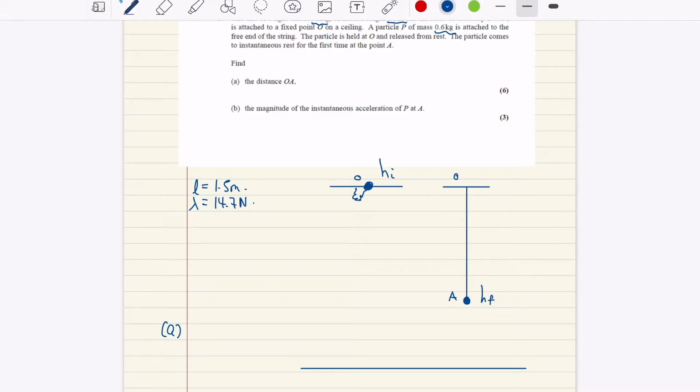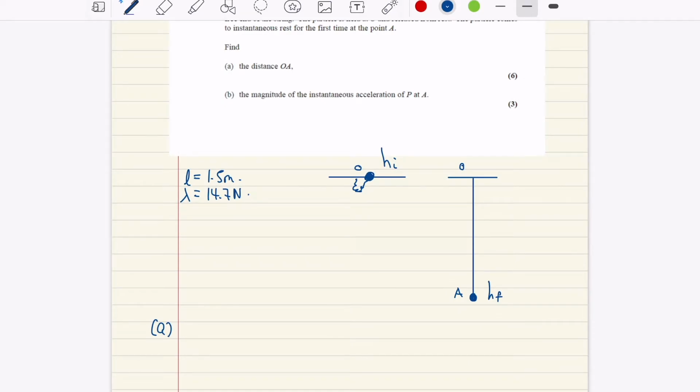Here we can see there's a change in gravitational potential energy. Whenever I do gravitational potential energy, I always try to find the difference in height instead of the height for each particular point. So it's much easier that way.